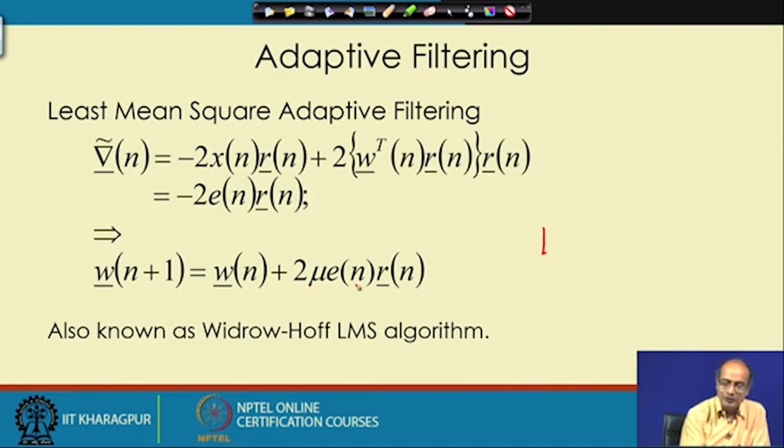So the number of multiplications needed: one to compute 2 mu into E n, and then m multiplications, because R n is an m-dimensional vector. Then we need m additions, because each component of the tap weight needs to be modified.